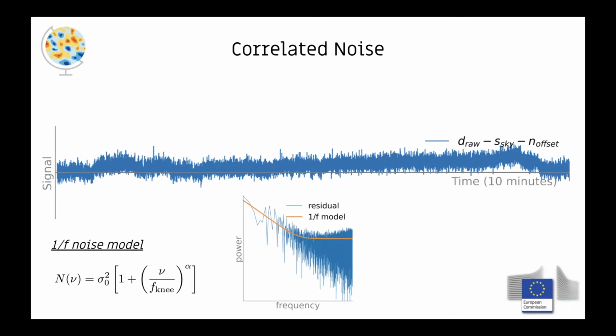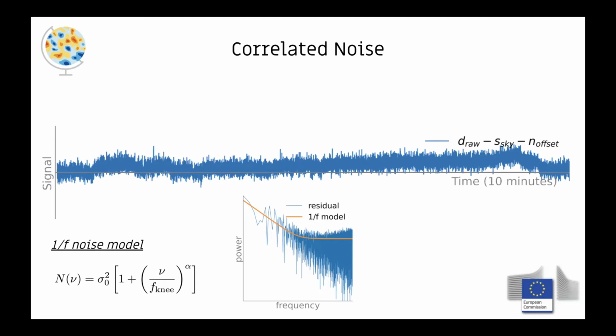The next step is that we need to deal with the correlated noise. The correlated noise model that we use is a simple 1/f noise model, where we fit three parameters, the noise floor, the knee frequency, and the slope, to the Fourier spectrum of the residual.